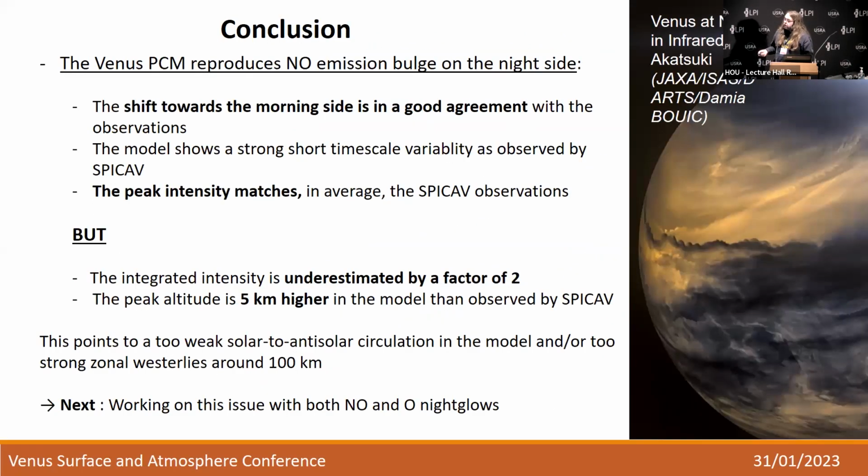In the future, we should work on the causes of the differences between the observation and the model. We can also work on the oxygen nightglow, which is really interesting because it's only about 20 kilometers apart and has a completely different shape. We can use both emissions at the same time to have a better constraint on the dynamics of the model.